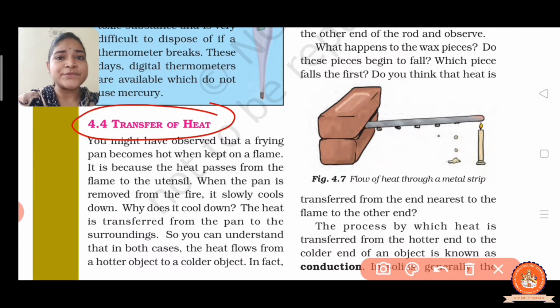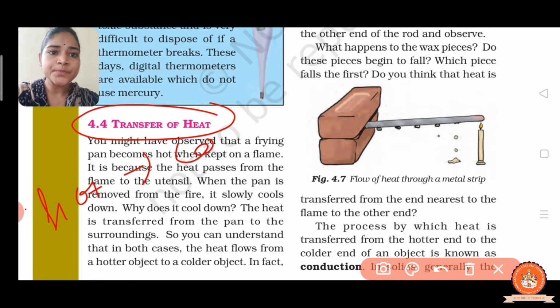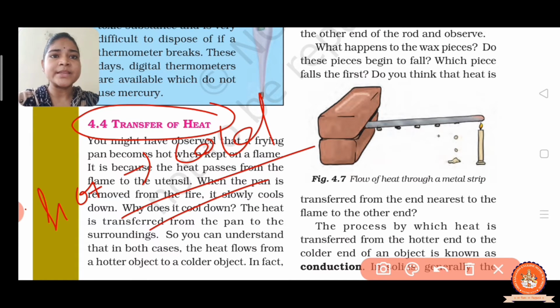And heat always transfers from a hotter object to a colder object. The object which has more heat flows the heat to the object which has less heat. Right. But here one more question arises.